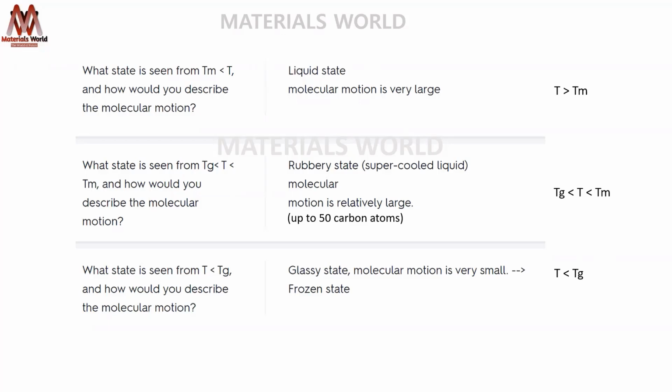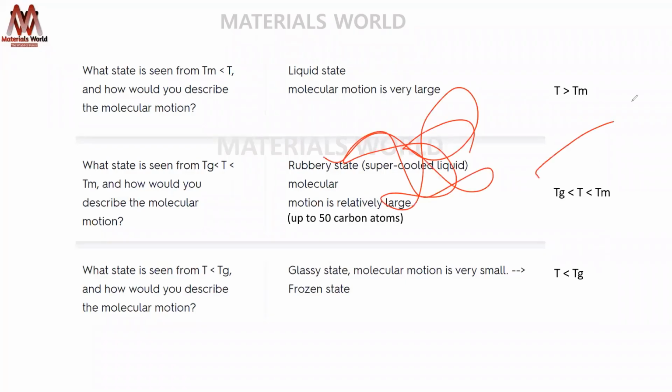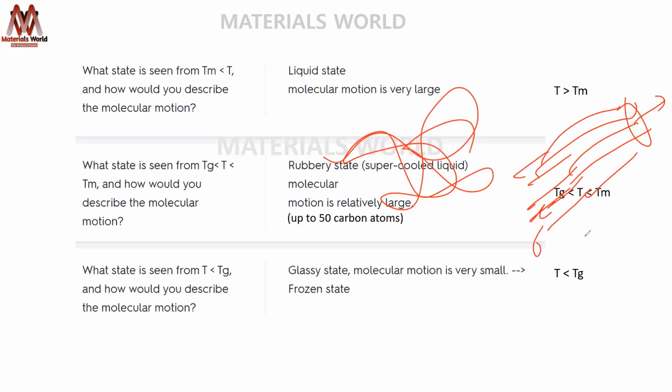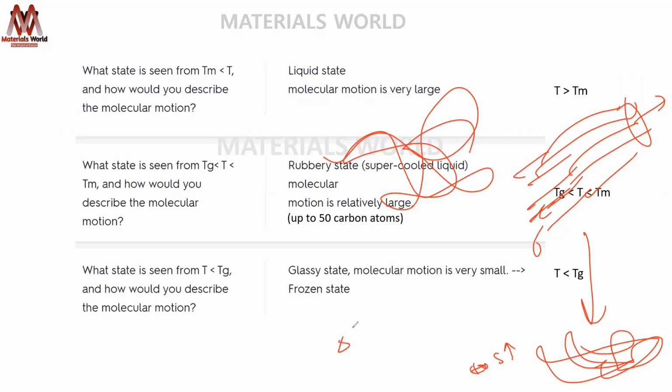By orienting them in the same direction by applying force, you have decreased the entropy, and it will again try to relax to increase entropy, because delta G must be negative. Free energy should be minimized: delta H minus T delta S. Delta S should be positive, entropy should always increase, so it will try to relax.